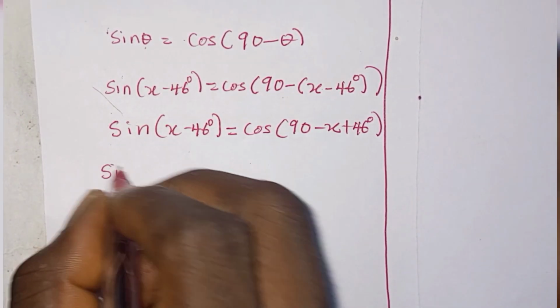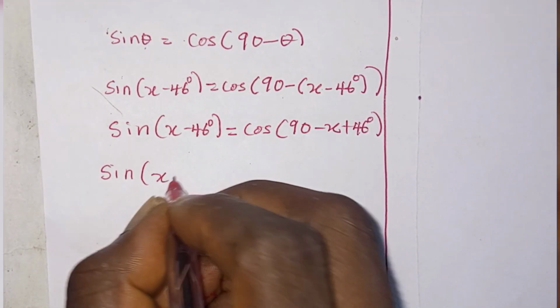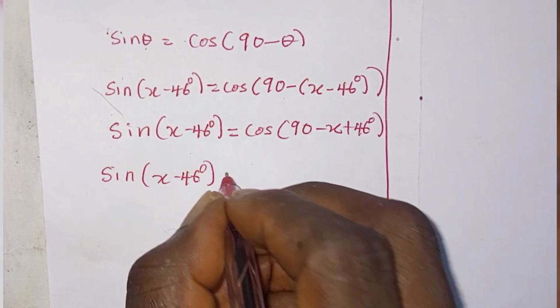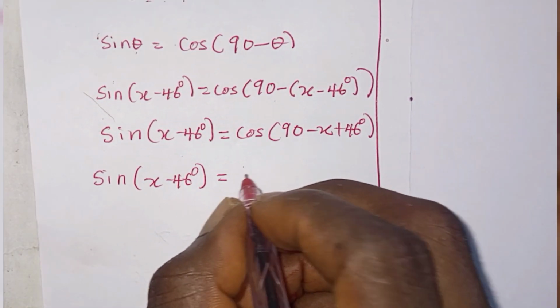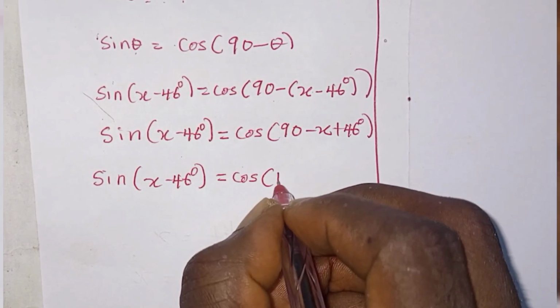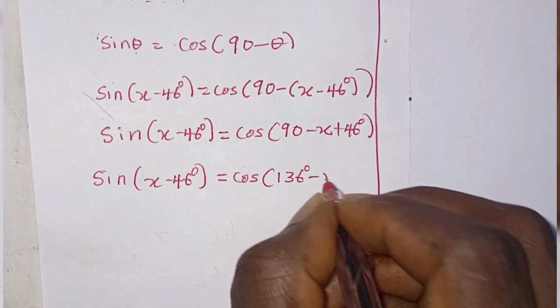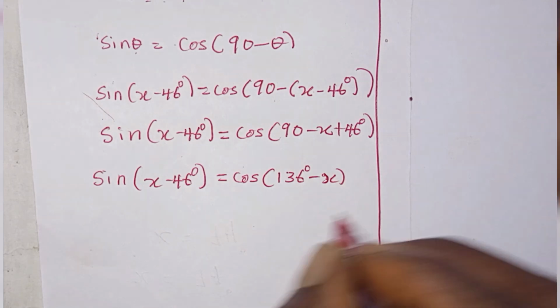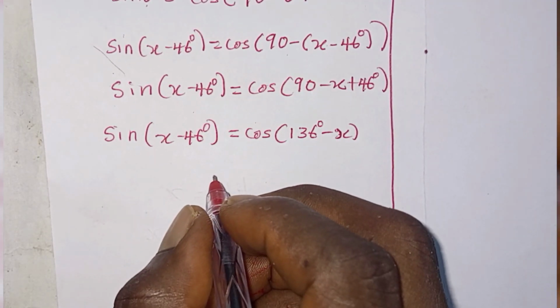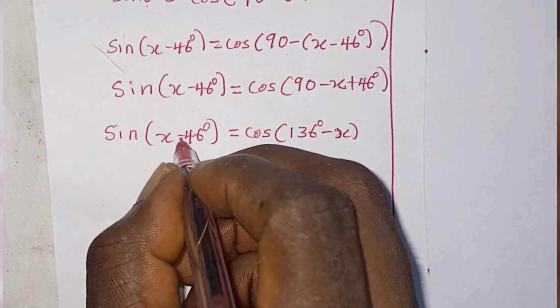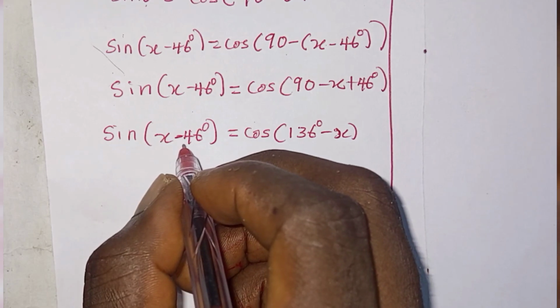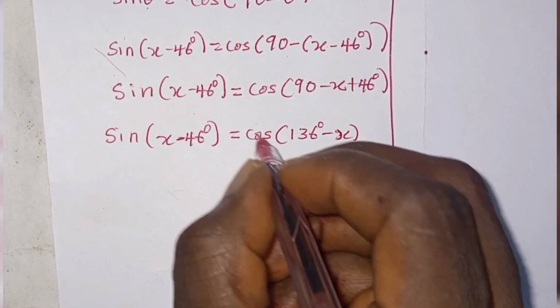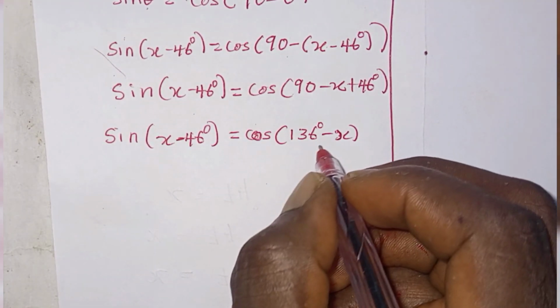That will now be equal to: sine (x minus 46 degrees) equals cos (136 degrees minus x), since 90 plus 46 gives 136.